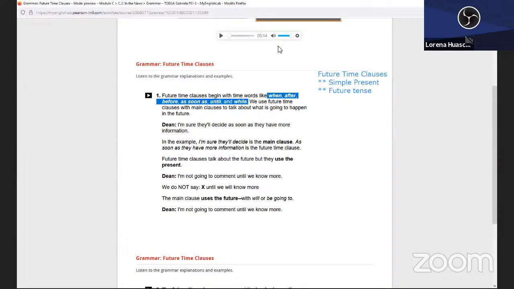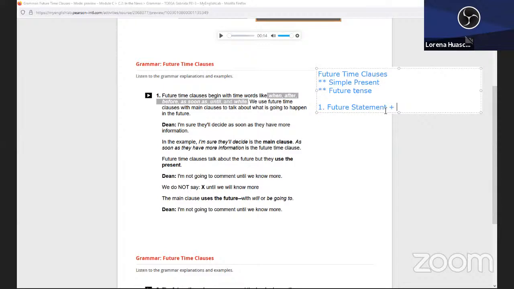Okay, so what is going to be the structure for this? For example, when we want to say that something is going to happen in the future, this is the first way. First, a future statement: something is going to happen.